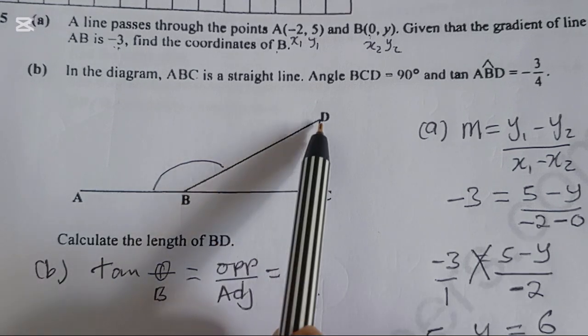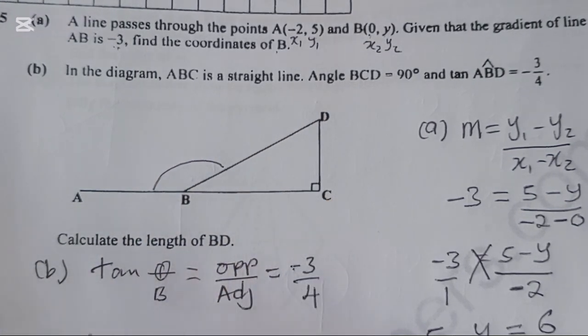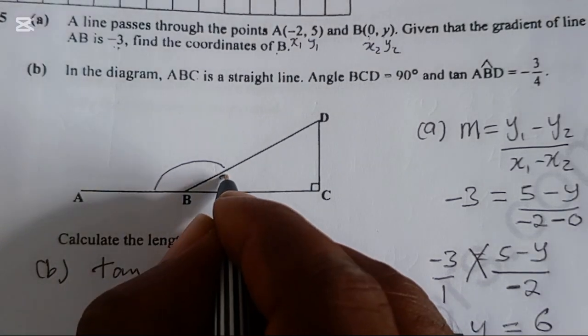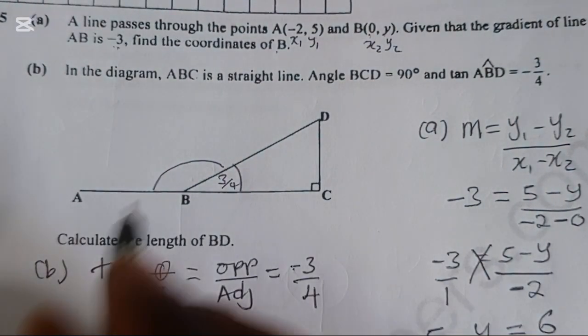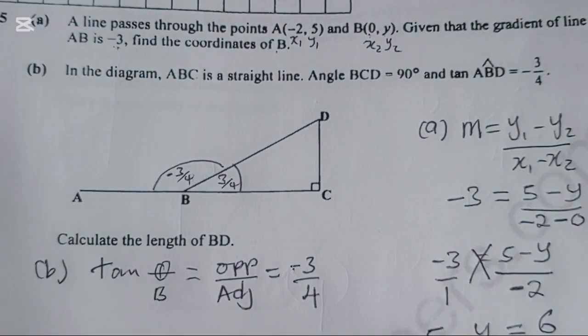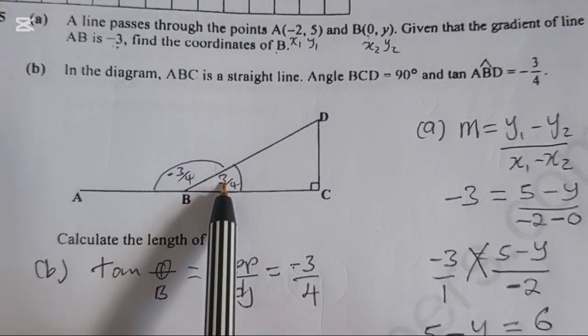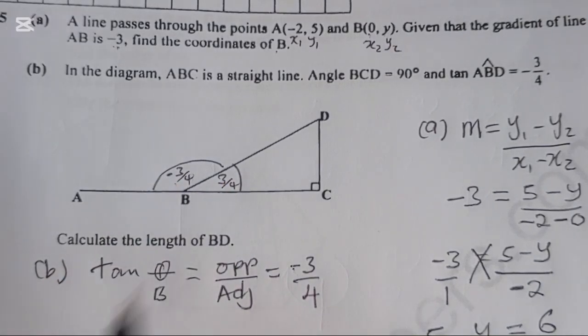Now tan DBC is positive, which is 3 over 4. And this one is a negative 3 over 4.